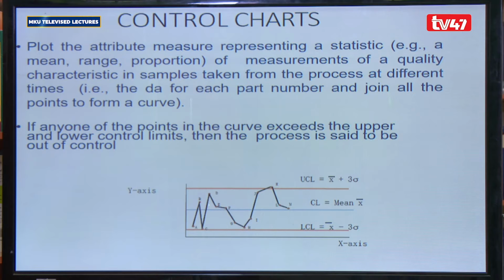If any one of these points goes above or below these two lines, then the process is said to be out of control. Those that fall between them, you can say are in control.